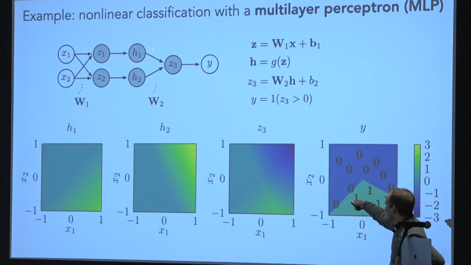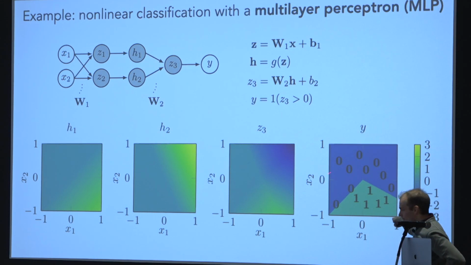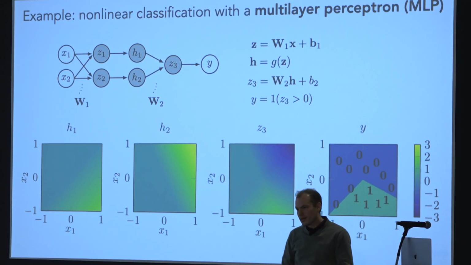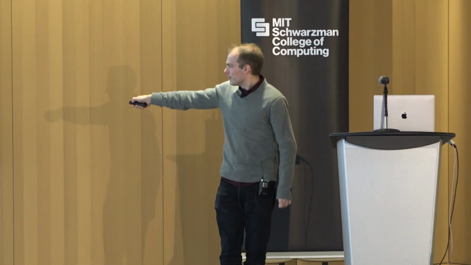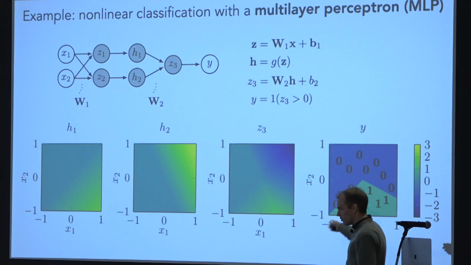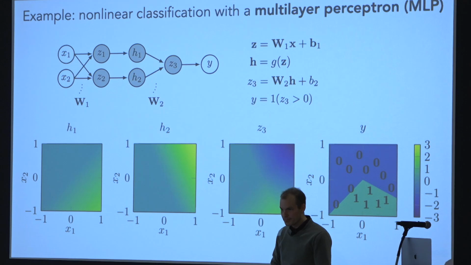But when I add these two H's, which have these shapes, then I actually can create a positive region which has that more complicated shape. So an MLP with ReLU pointwise nonlinearities is able to do nonlinear classification, able to assign labels of 1 to a nonlinearly shaped part of the possible input domain.